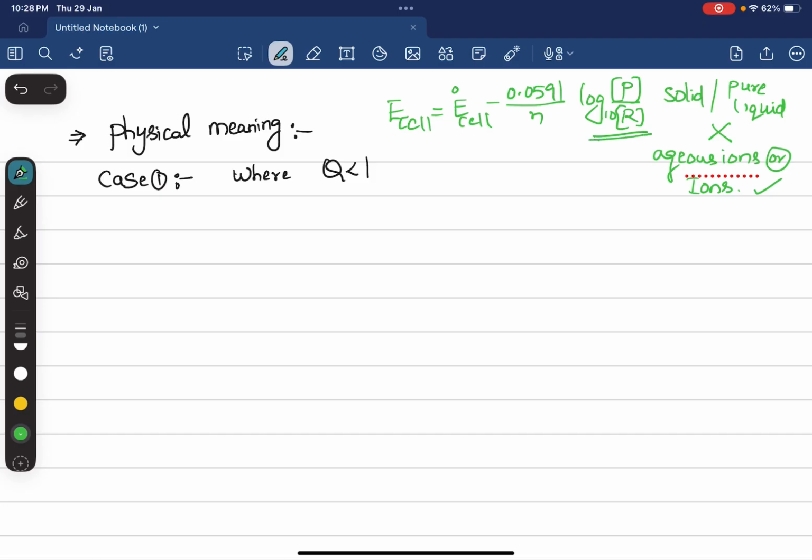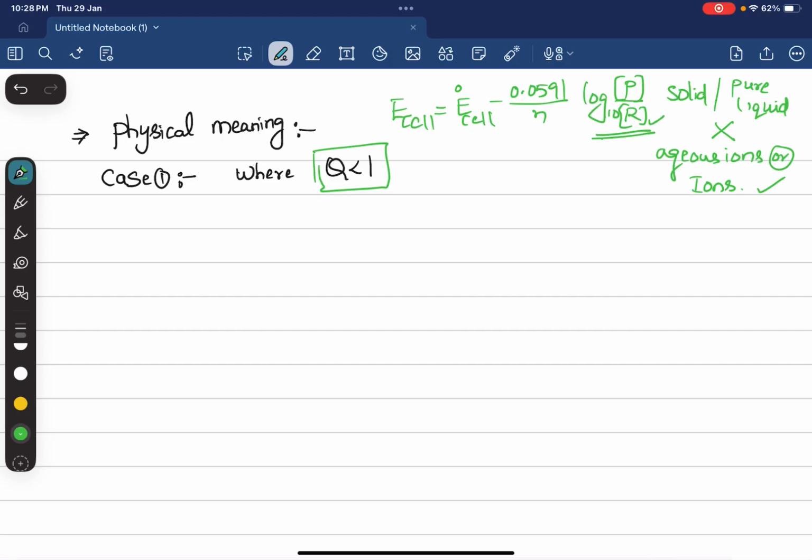However, the first case is Q is less than 1. Where Q is less than 1, reactants are more. Q equals products by reactants. If reactants are more, the Q you will get is less than 1. When Q is less than 1, log Q, what does it become, students? Log Q is negative.